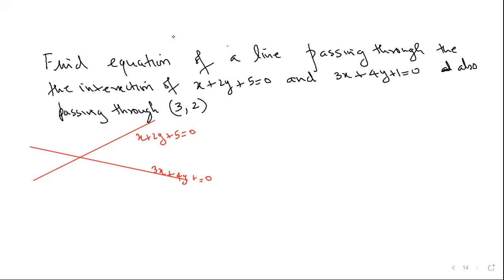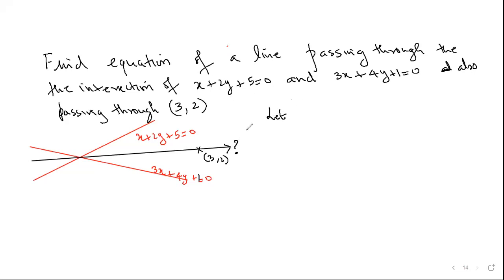You are asked to find the equation of a third line, which is passing through (3, 2). You are asked to find the equation of this. So tell me, what should I write as the first sentence?